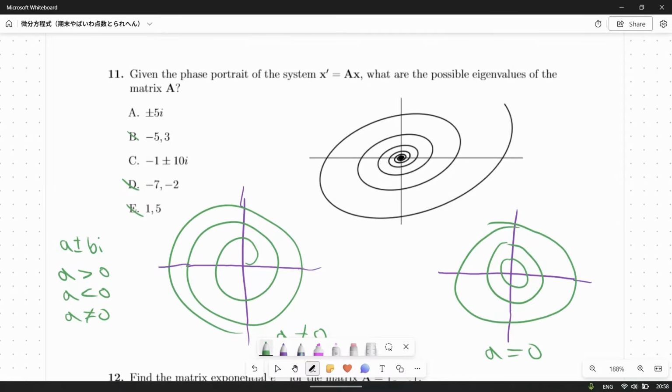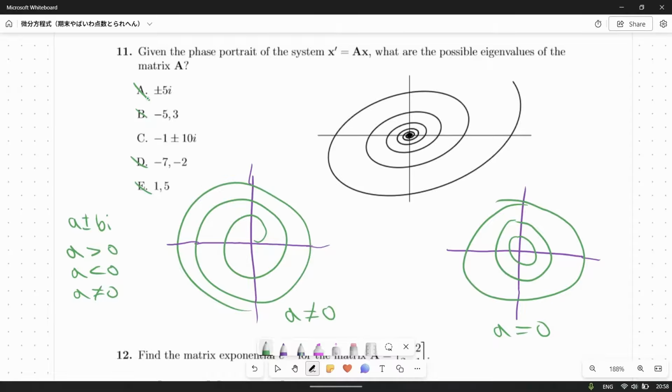And so that also gets rid of answer choice A, because in answer choice A you can see that A is equal to 0, because that's 0 plus or minus 5i. And then in C, we can see that A is equal to -1.